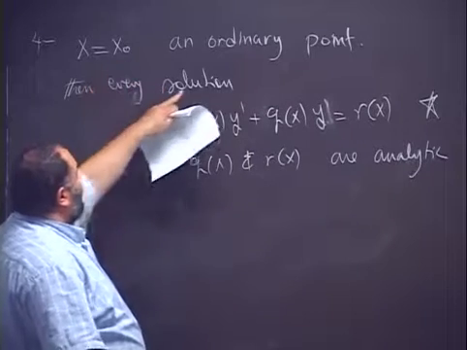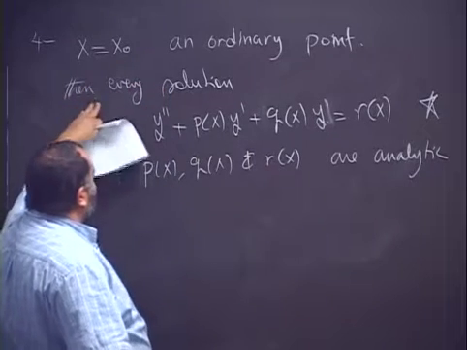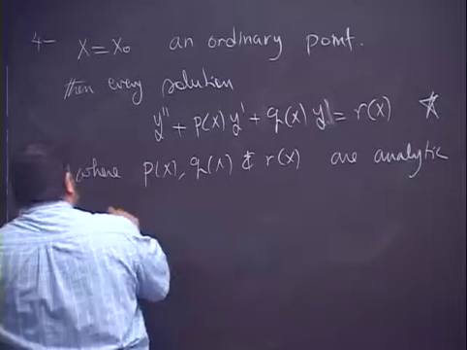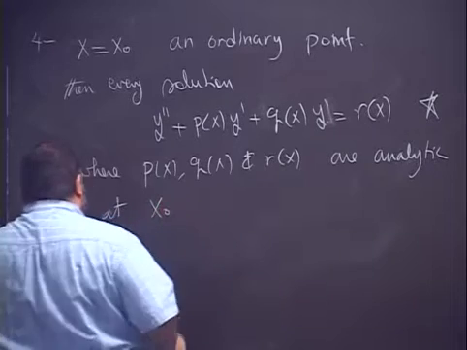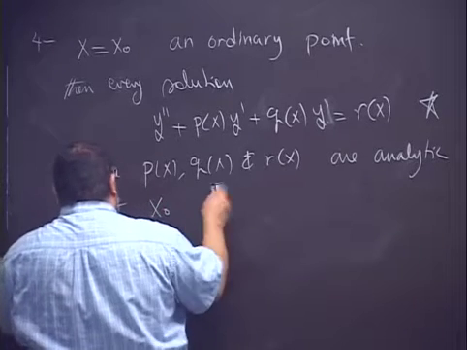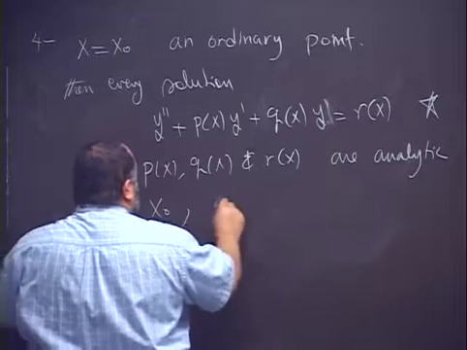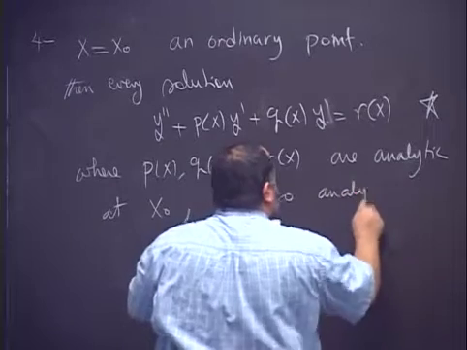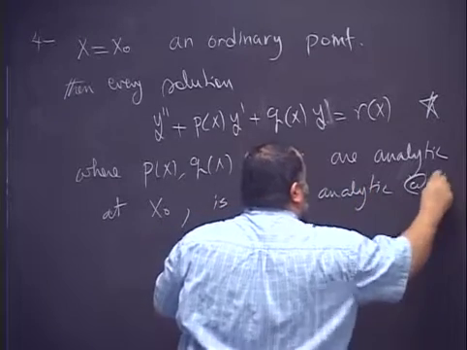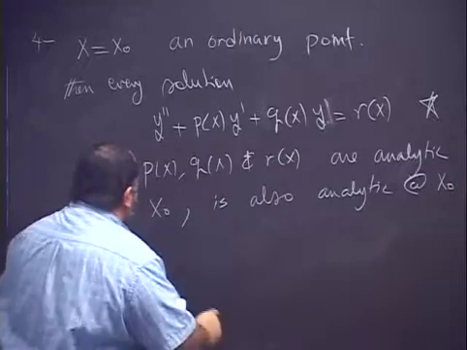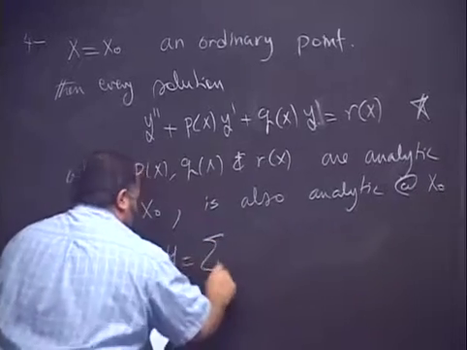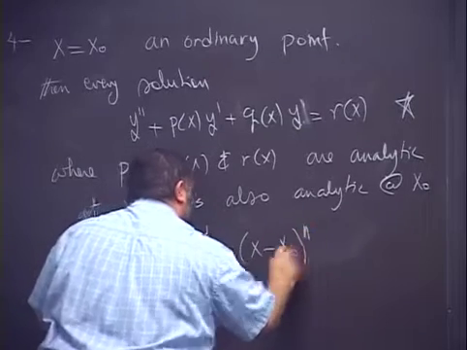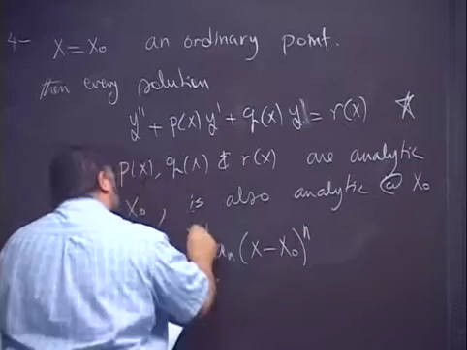So if x naught is an ordinary point, and P, Q, and R are all analytic at x naught, the solution will also be analytic at x naught. And this solution can be expanded as a sum of a n times x minus x naught to the power of n, from 0 to infinity.